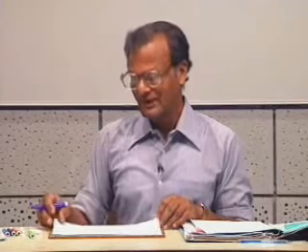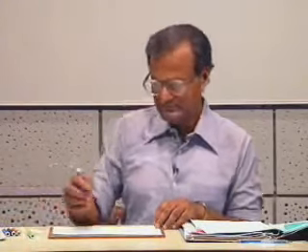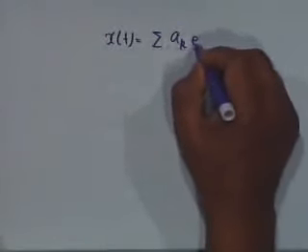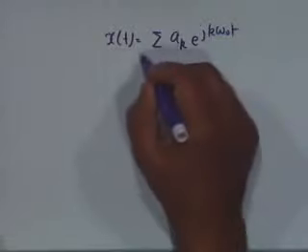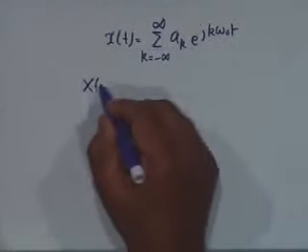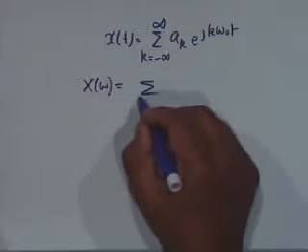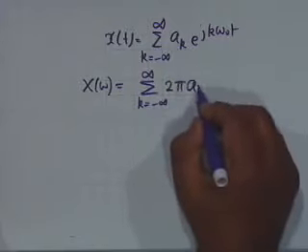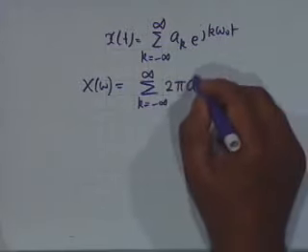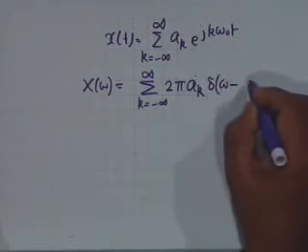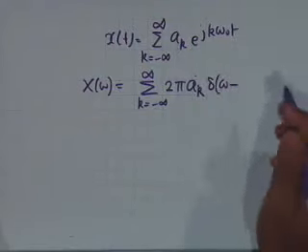Now my job has become simple. The periodic function was x of t equals summation a_k e to the j k omega 0 t, k equals minus infinity to plus infinity, and therefore capital X of omega shall now be equal to summation k equals minus infinity to plus infinity of 2 pi a_k delta of omega minus, instead of omega 0, we shall now have k omega 0.